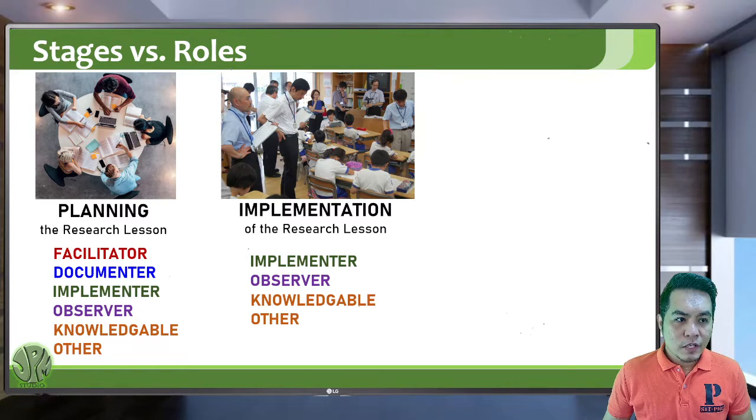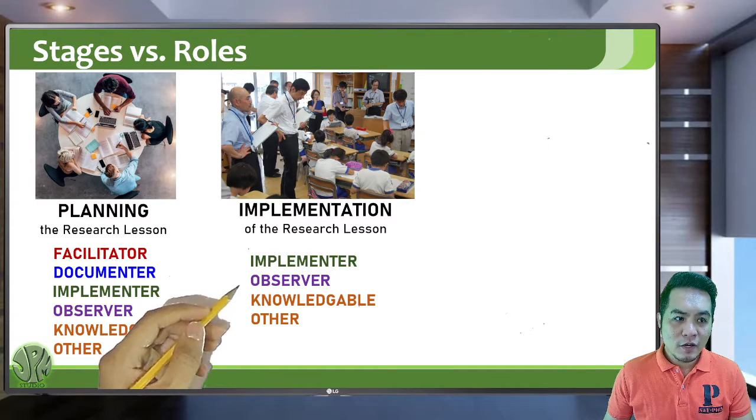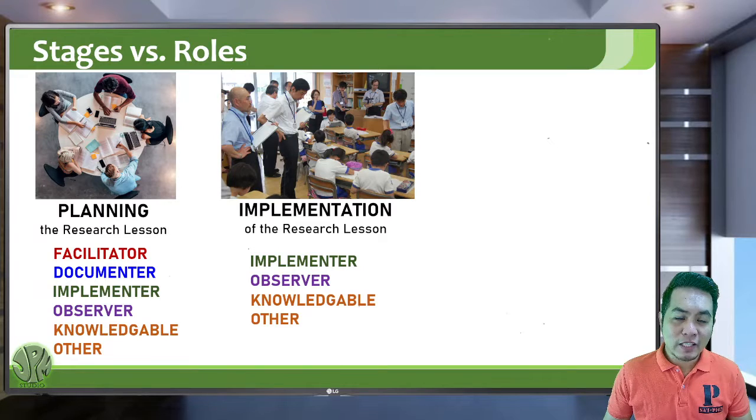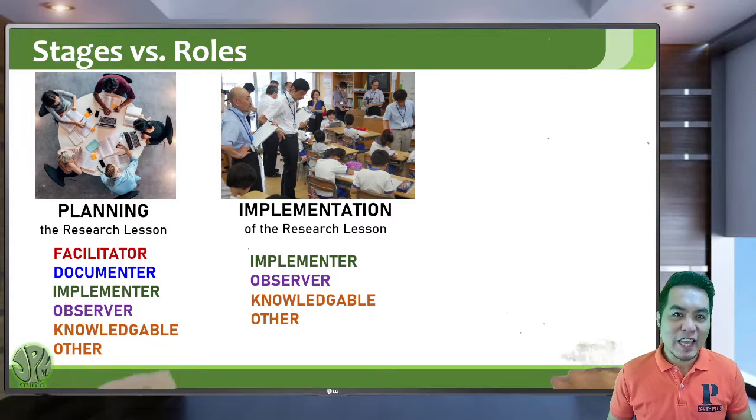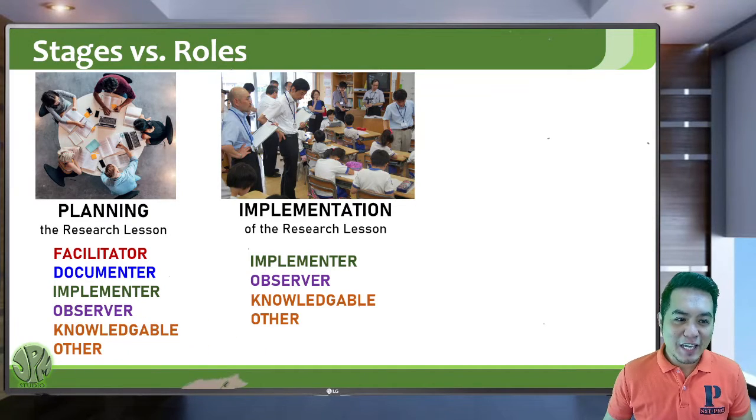In the implementation stage, the knowledgeable other and the observer may not comment or correct the teacher directly during the class, because this will undermine the teacher or the implementer. Note that all of these members, they're the ones who made the lesson collaboratively as a group. So if there's a mistake in the lesson, it's the responsibility of the whole group.